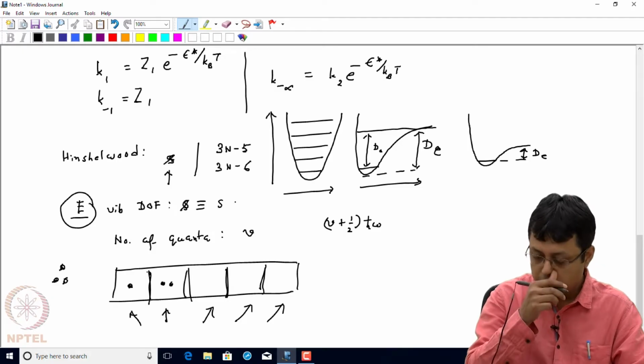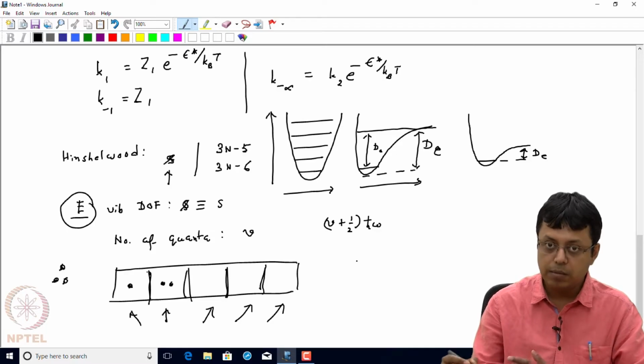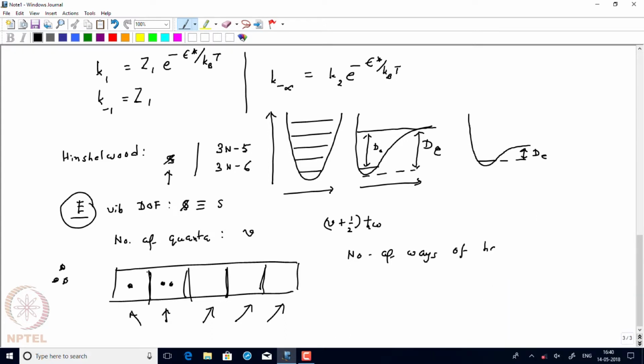So ultimately the total number of ways of having say V quanta in S oscillators, or S degrees of freedom, because these are all harmonic oscillators, is nothing but the entire permutation of them.